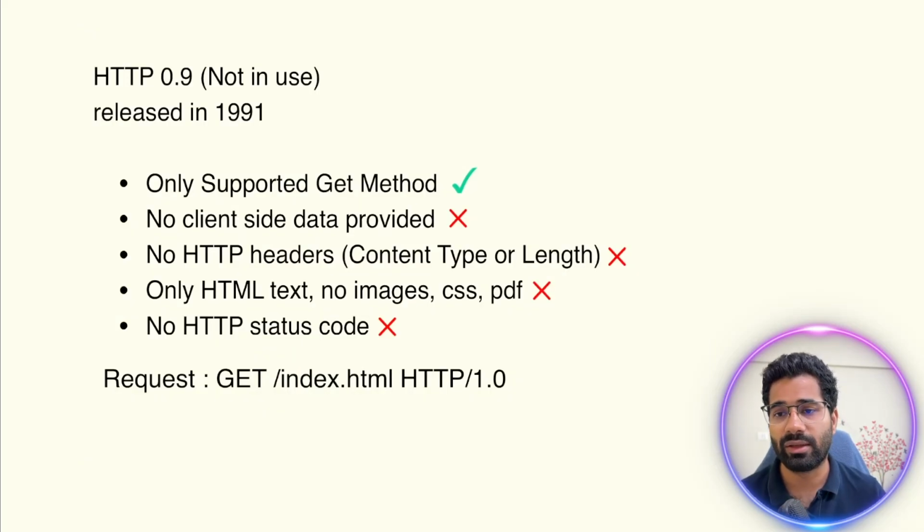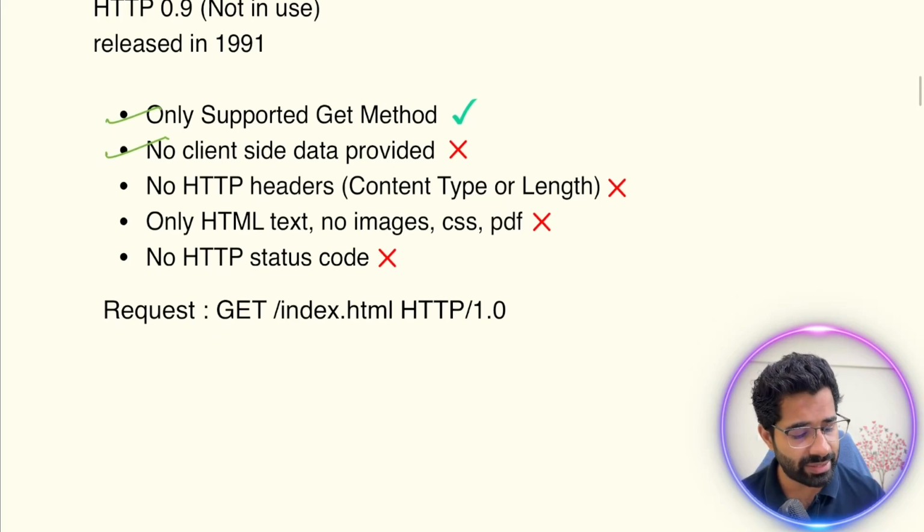HTTP 0.9 was the first version to be released, and it only supported one method, the GET method. The clients could not send data to the servers. The clients would only request data and the servers would send the data. There were no HTTP headers or metadata allowed, so no content type or content length.